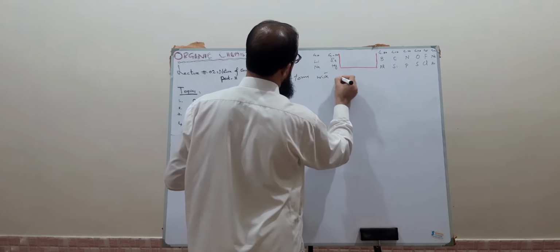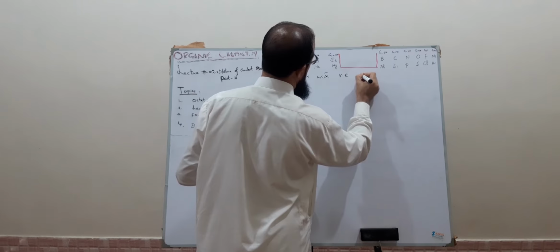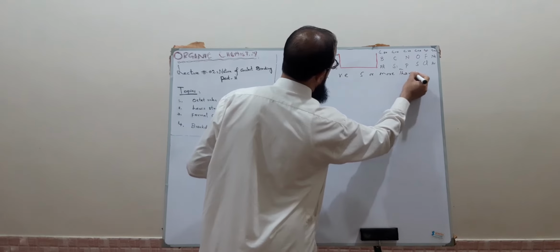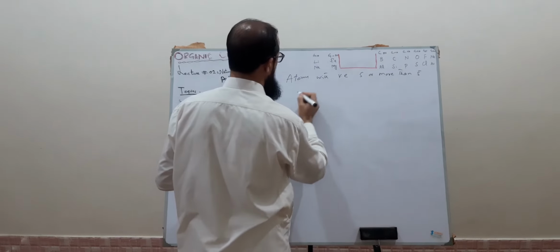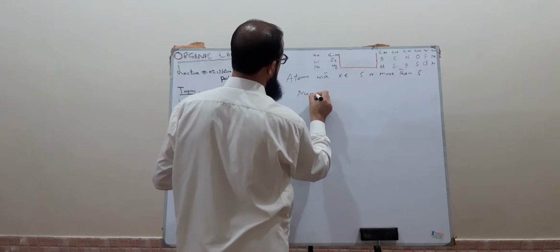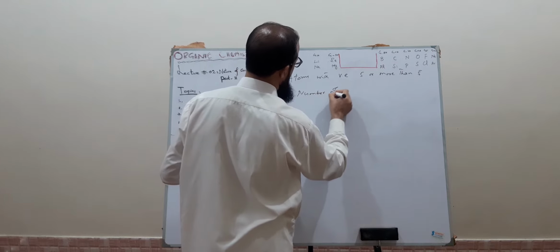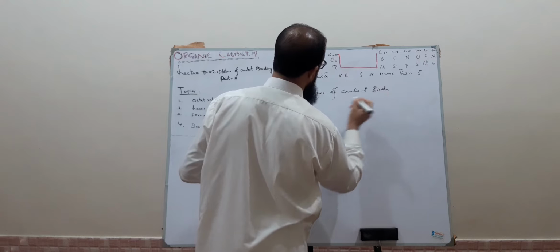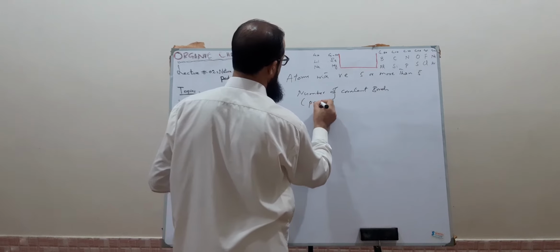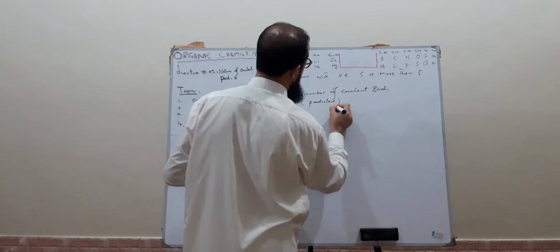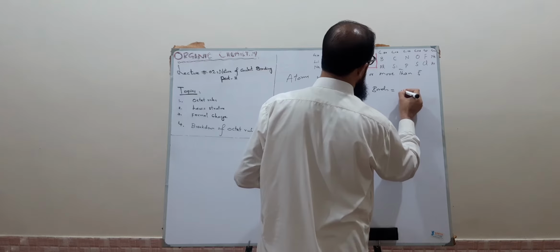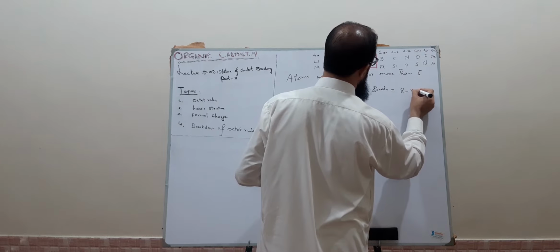The number of covalent bonds can be predicted on the basis of 8 minus the valence electrons.